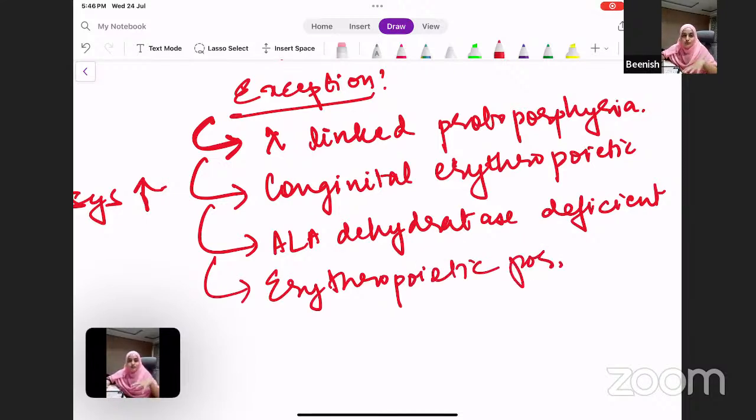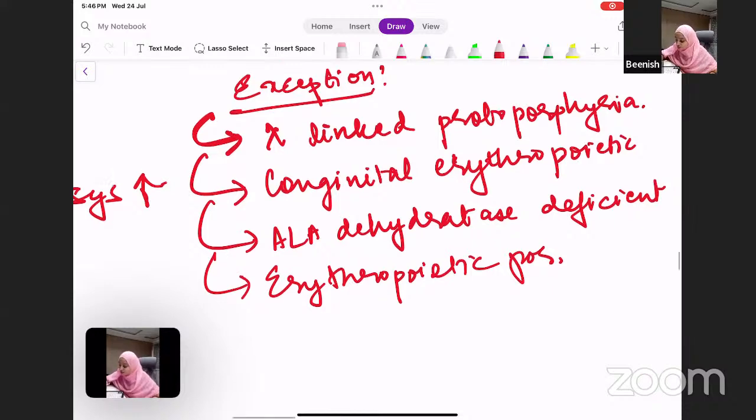With the exception of these, all your porphyrias are autosomal dominant. Autosomal dominant ones manifest in the late ages, and autosomal recessive ones manifest in young ages.